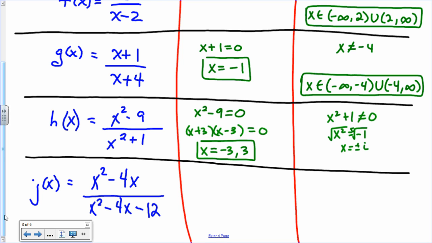When you have imaginary numbers, when we're graphing, those do not apply. So what that's saying is that I can plug any real number in for x and I'm not going to get 0, because no matter what you plug in, x squared can't be -1 unless you use imaginary numbers.